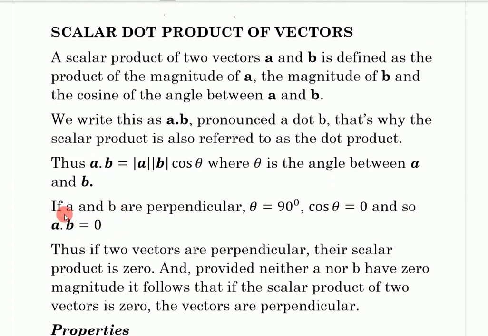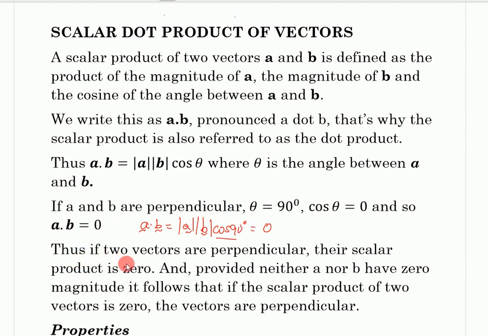Now, if A and B are perpendicular, it means that theta is equal to 90 degrees, and the cosine of 90 degrees is equal to 0, and so A dot B is equal to 0. If theta is 90, A dot B is whatever the value of the magnitudes is, times cosine of 90 degrees, and multiplying by cosine of 90 renders it 0.